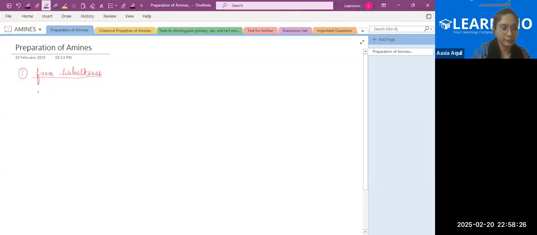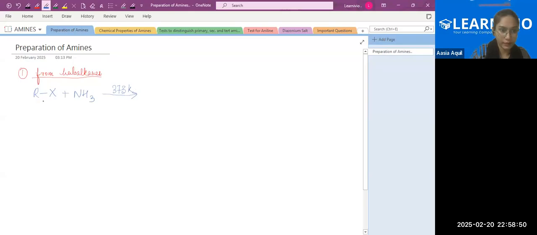So let's take an example. Let's see the reaction. Let's take one haloalkane, and when you put ammonia into it at a certain temperature, 373 Kelvin, ammonolysis will occur. Here cleavage of the C-X bond will occur.